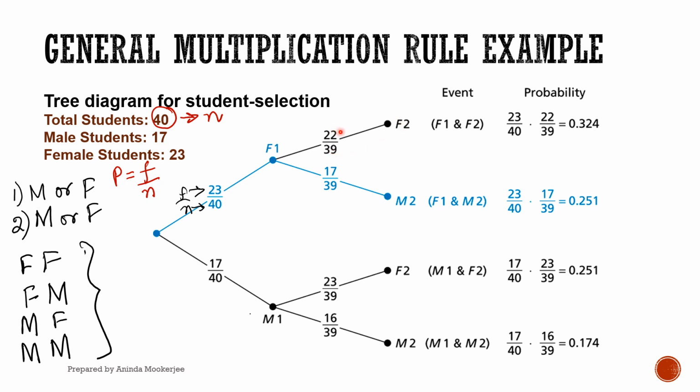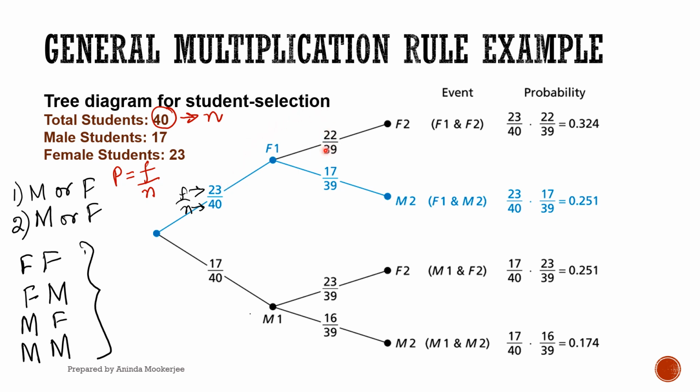What about the F? I had picked a female student in the first draw, so now my pool of female students was reduced by 1, and that's why I have 22 for my F in the second draw. So 22 divided by 39. So as you can see, this probability was dependent on what happened in the previous draw. It became what's called a conditional probability.